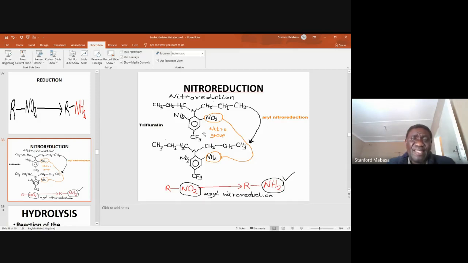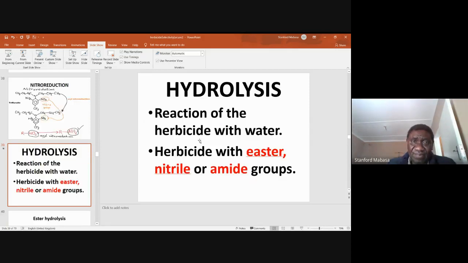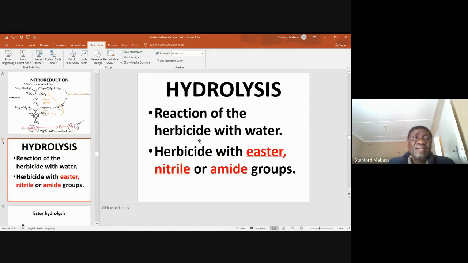And also there's this bit here where we can get OH being attached. So reduction is one process.